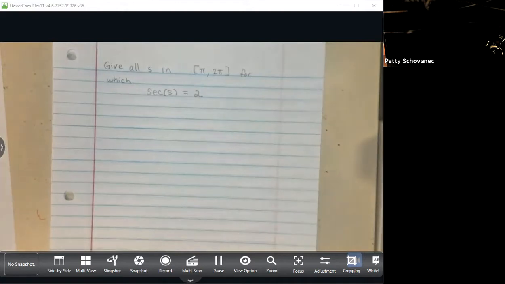We have all S, which is arc length, right? Radian measure. And the interval, which is the bottom half of the unit circle, for which the secant is a positive 2.